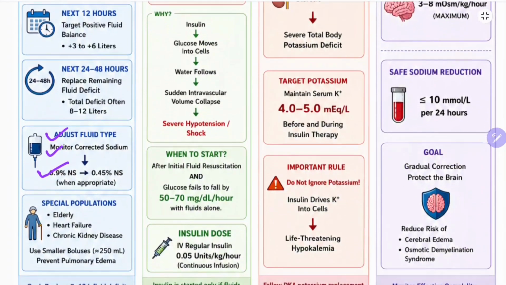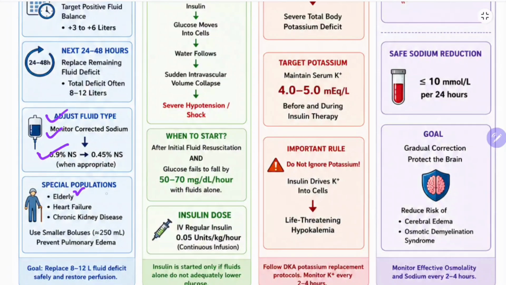Special populations to take care of are elderly patients, heart failure, and chronic kidney disease, because these patients don't tolerate fluid much. It can result in pulmonary edema. That's why we should use smaller boluses, approximately 250 ml, to prevent pulmonary edema. The goal is to replace the 8 to 12 liter fluid deficit safely and restore perfusion.